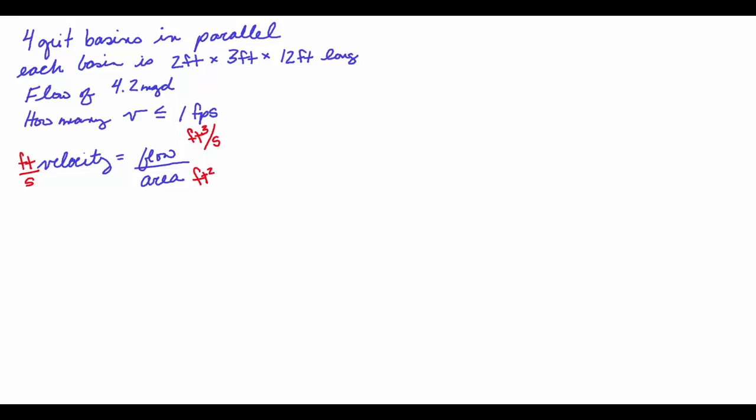Okay. So let's do the unit conversion first. So we've got our little railroad track, 4.2 mgd, and for every 1 mgd, I've got 1.55 CFS.